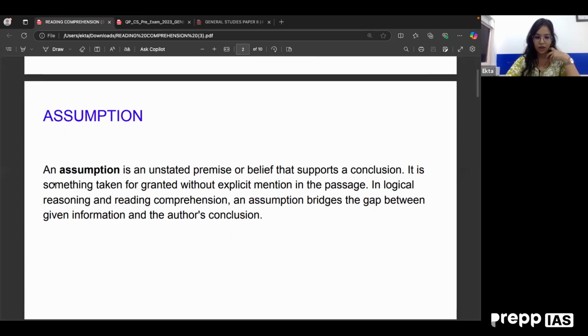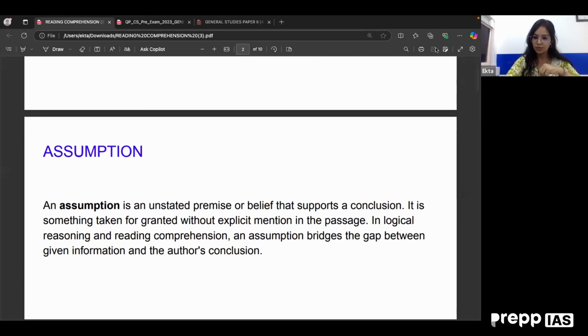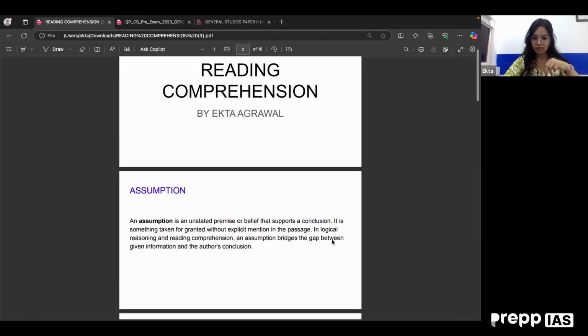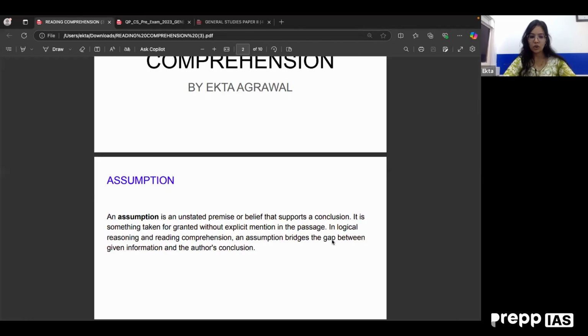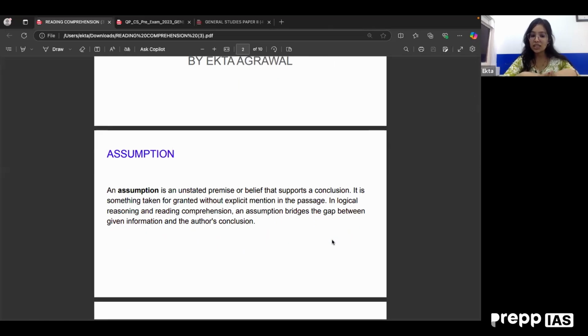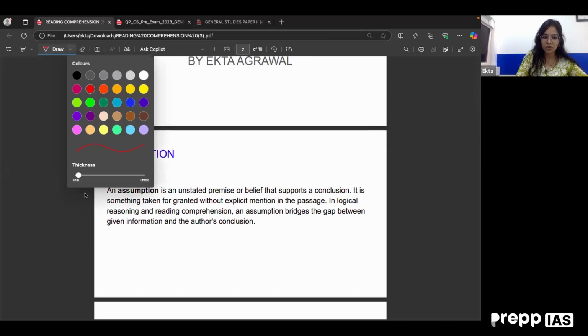So assumptions. What is an assumption? Anybody? Assumption क्या होता है? Assumption एक unstated premise है. It is something which is not directly stated in the passage.